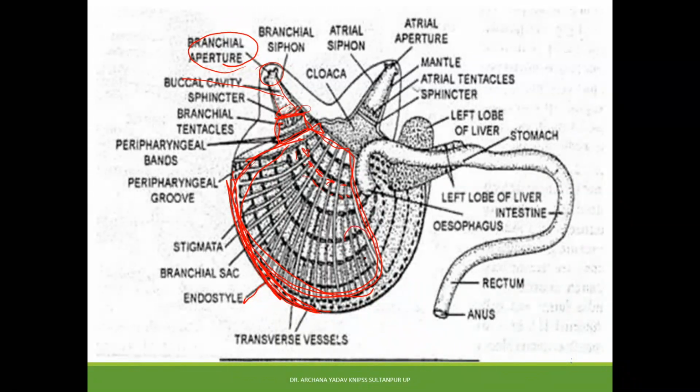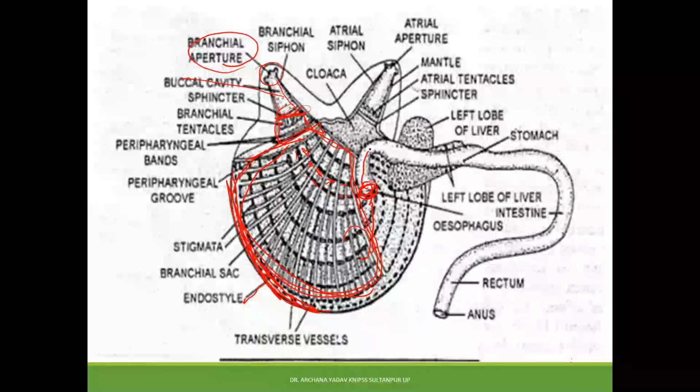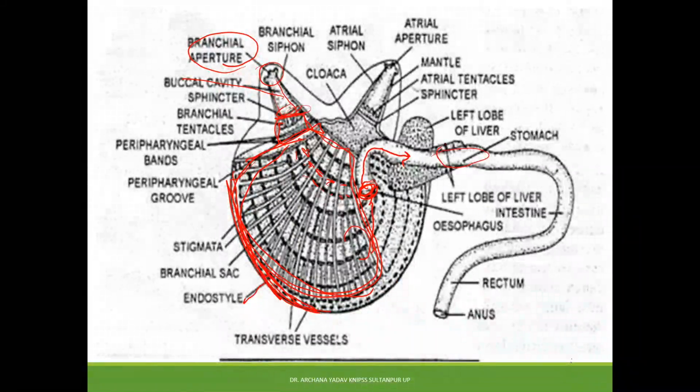Now this pharynx leads towards the esophagus, and the esophagus again leads forward to the region known as the stomach.